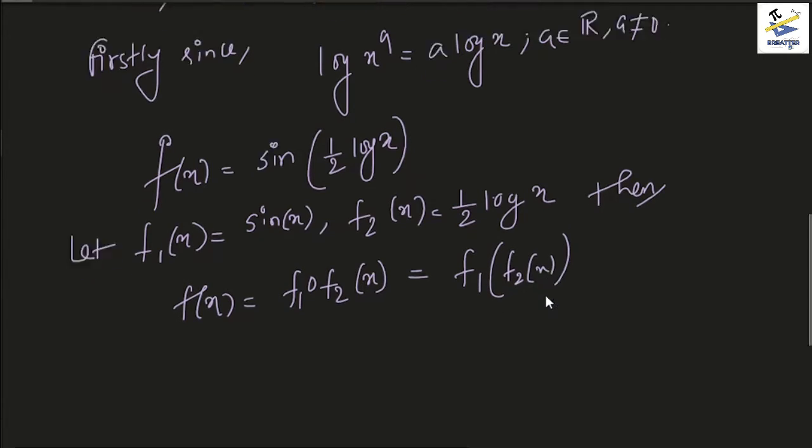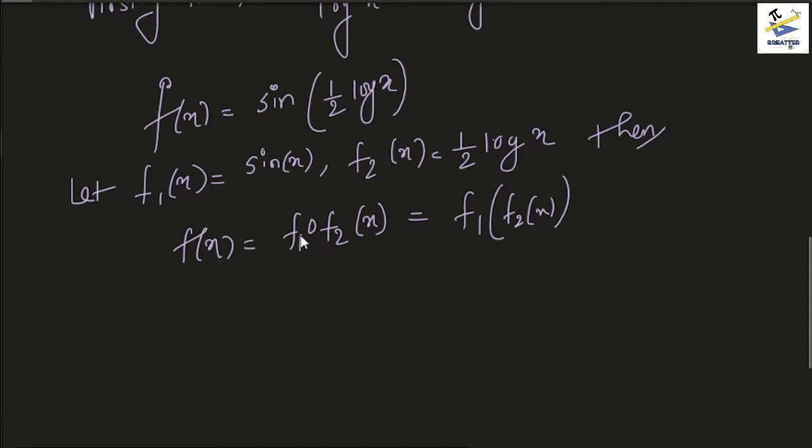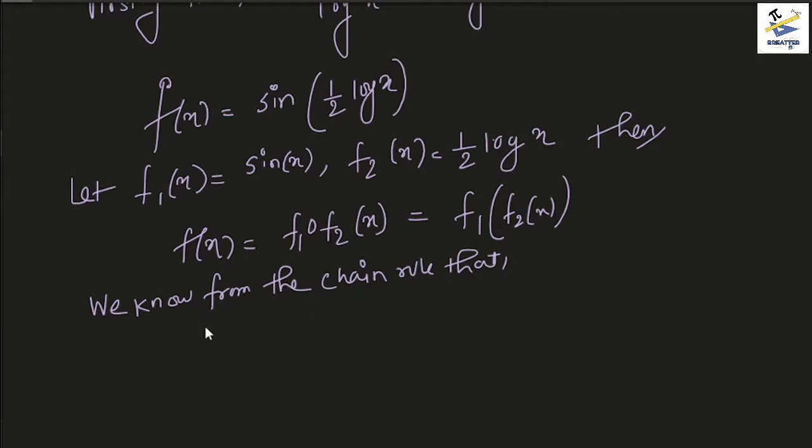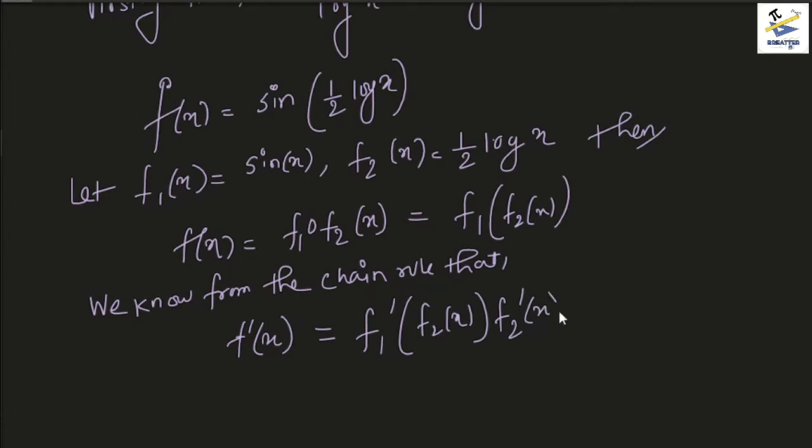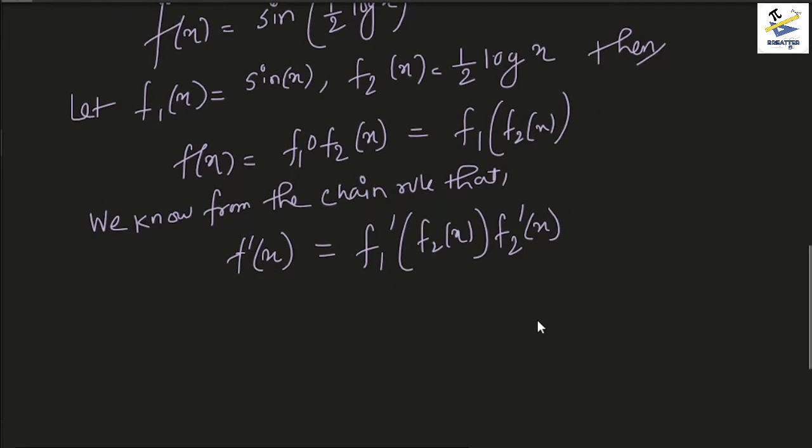And the chain rule tells us that when we differentiate a function of this composite kind, what we get is f dash x equals f1 prime, with the argument f2 of x, multiplied by f2 prime of x. Okay, so how do we do that?